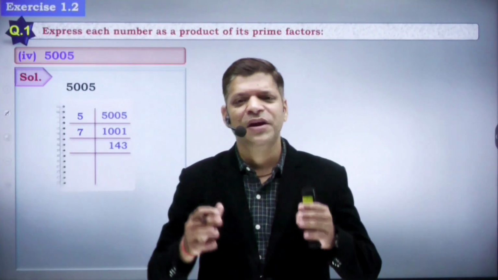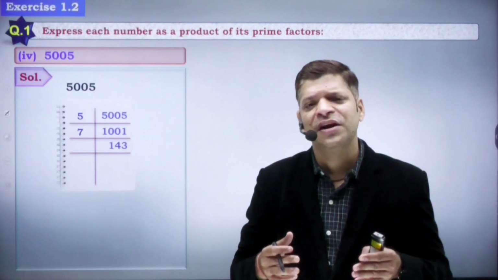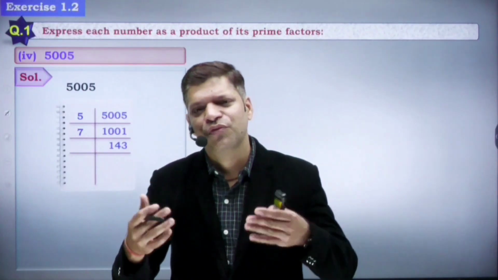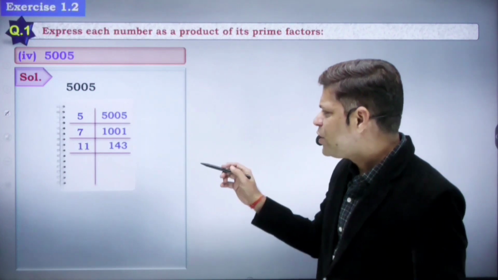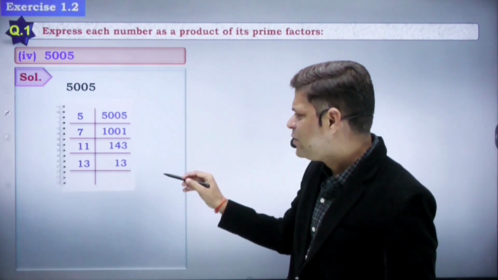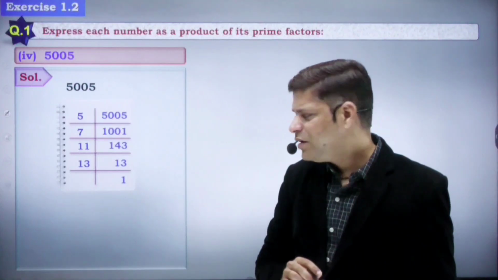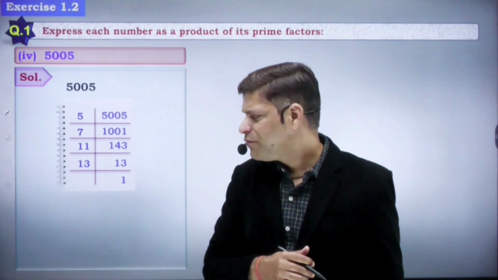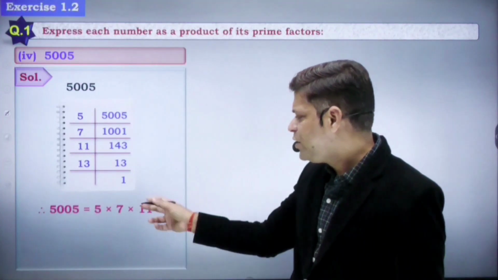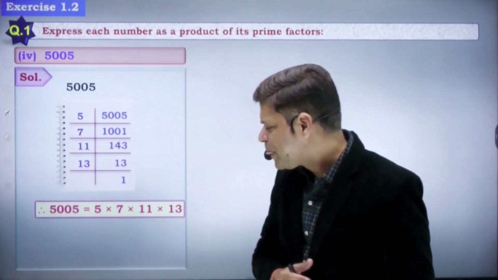The divisibility tests by 2, 3, 4, 5, 6, 7 and so on. Okay, so now 143 is divided by 11, then again divided by 13, it will be 1. So the prime factorization of 5005 will be equal to 5 into 7 into 11 into 13.